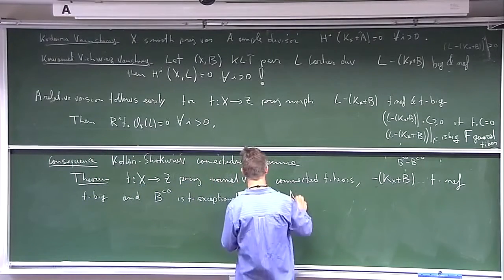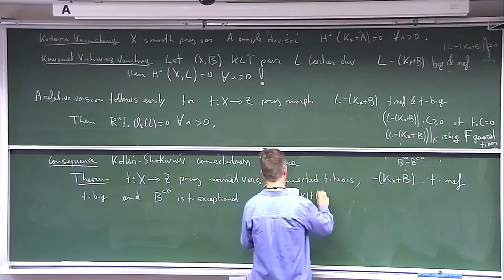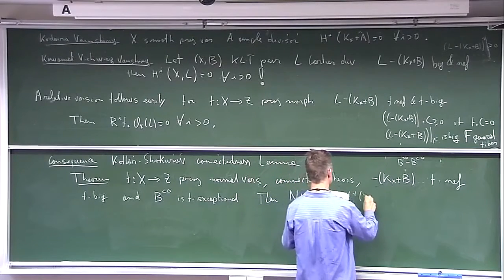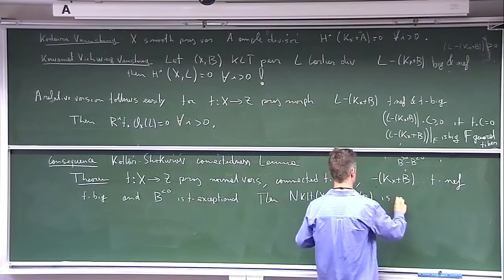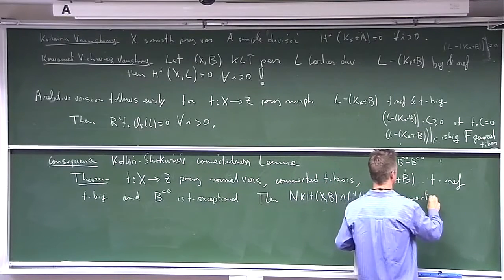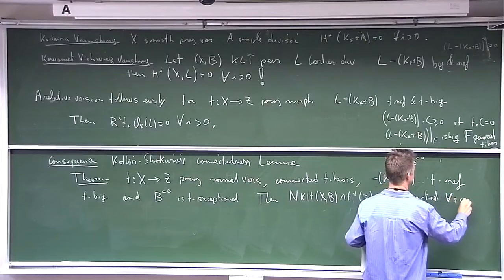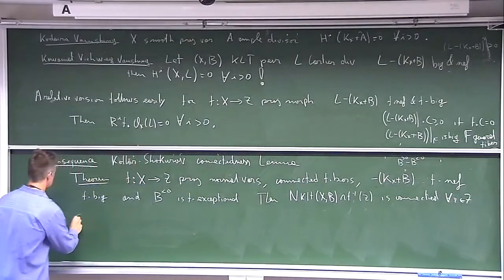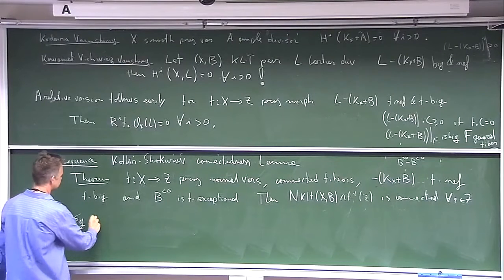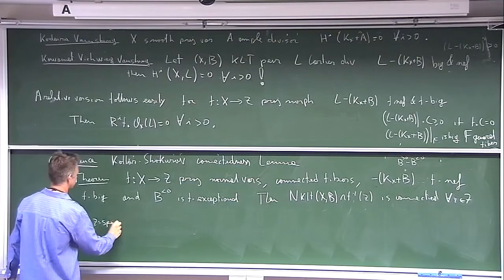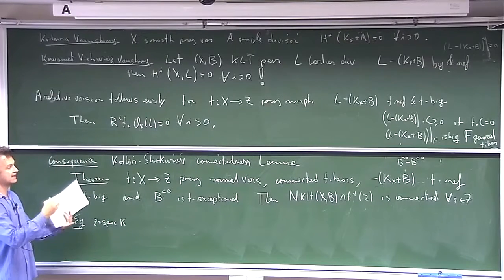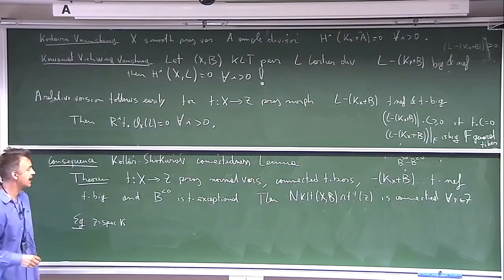Then, when I look at the non-Kawamata log terminal locus of (X,B) and intersect it with any fiber, this is connected. For any z in Z. So, e.g., Z equals Spec k. So this would be some kind of log Fano: minus (K_X plus B) is nef and big.